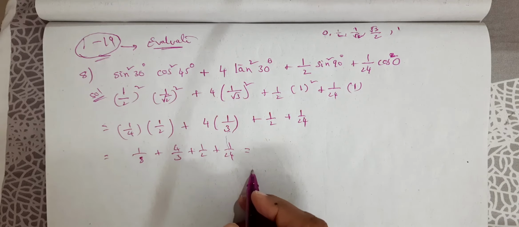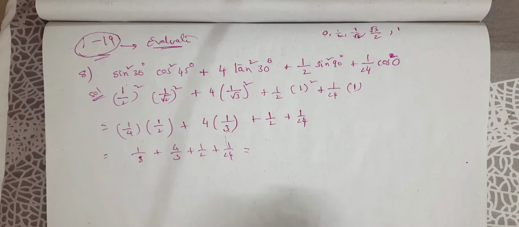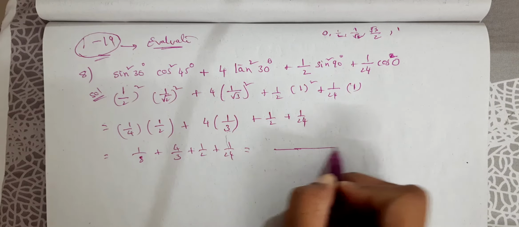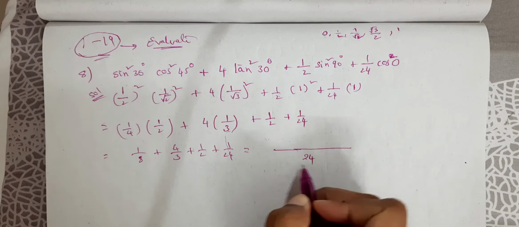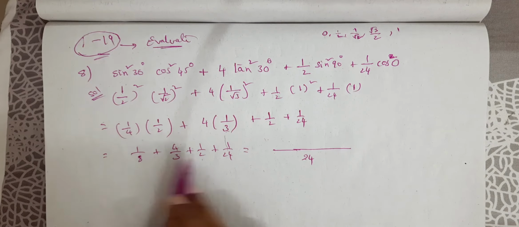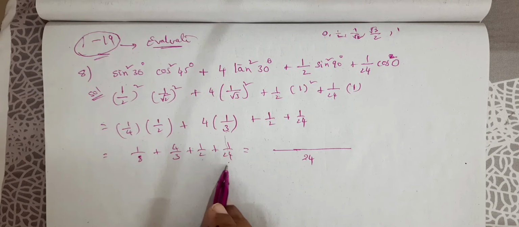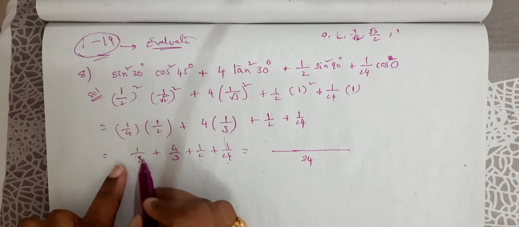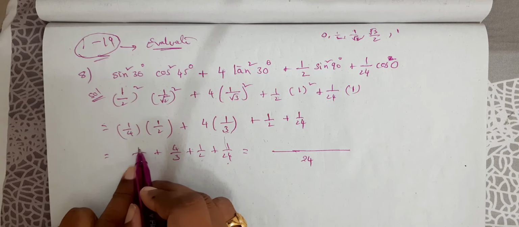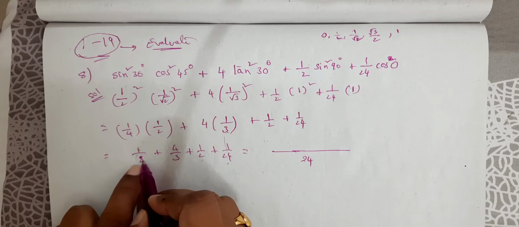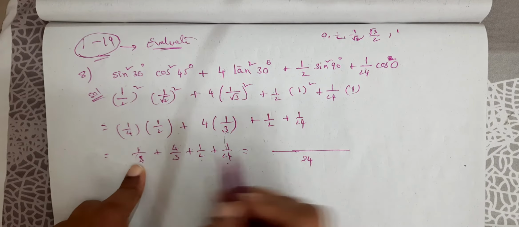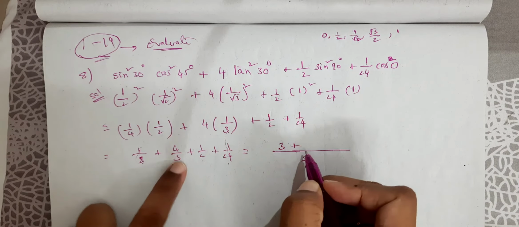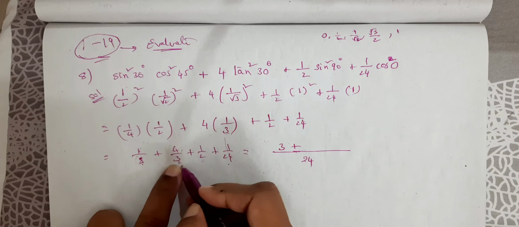So what is the LCM? 24 is the LCM, because all these numbers are factors of 24. Now here you have 8 in the denominator, therefore 3 should be multiplied here in order to get 24, hence here also 3. So 1 into 3, 3, plus now here we have only 3, you need to multiply by 8.